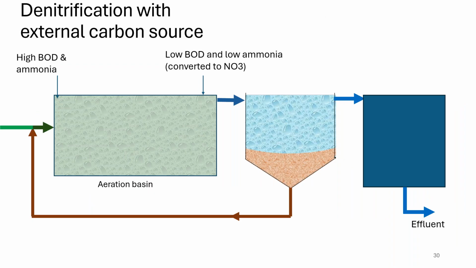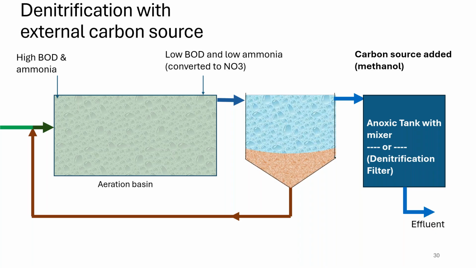Now here's another way that denitrification can occur. We have a final tank after the clarifier that is an anoxic tank, and sometimes they might use a denitrification filter. In both cases, the effect is the same.